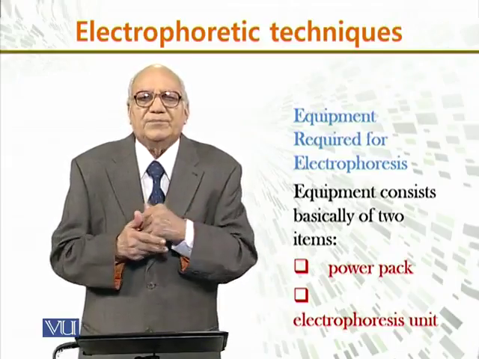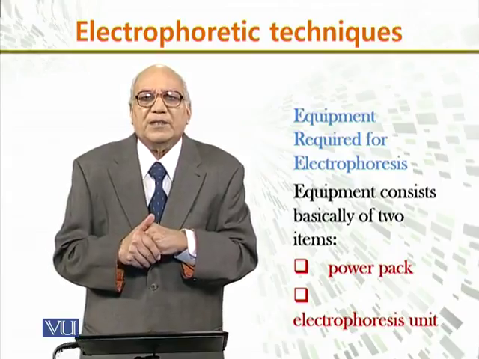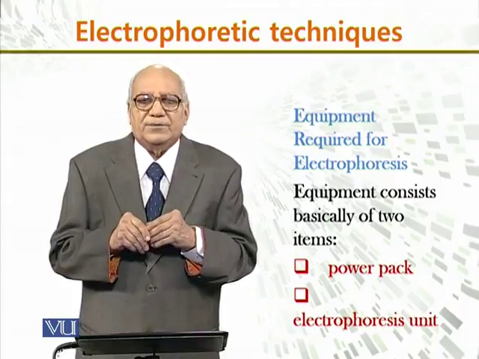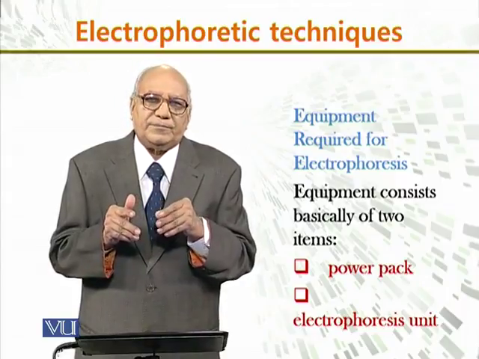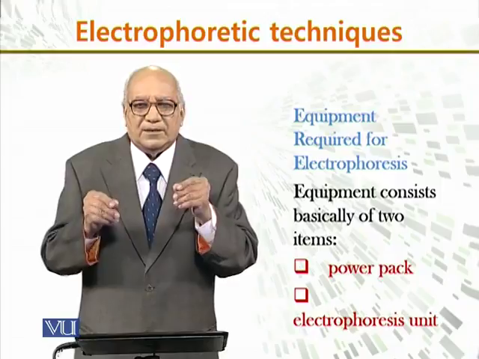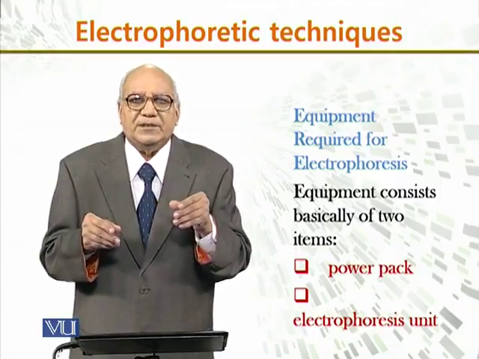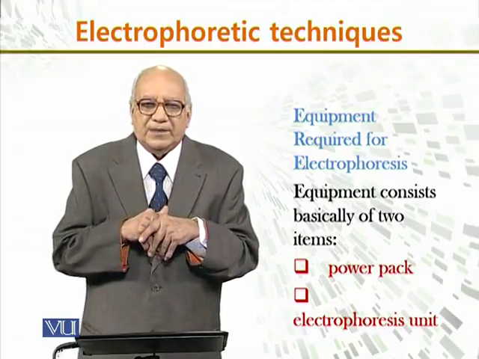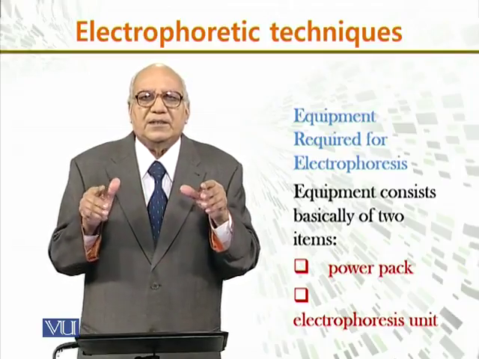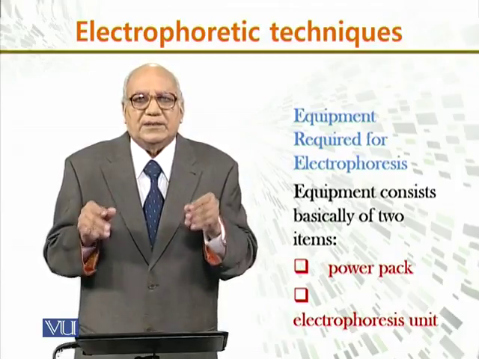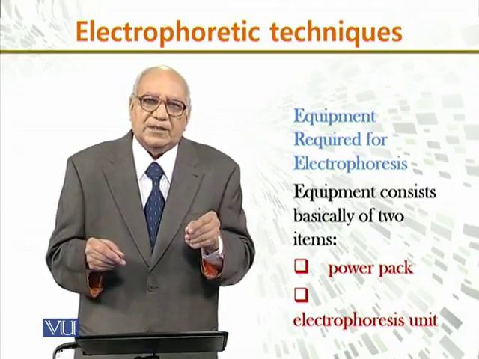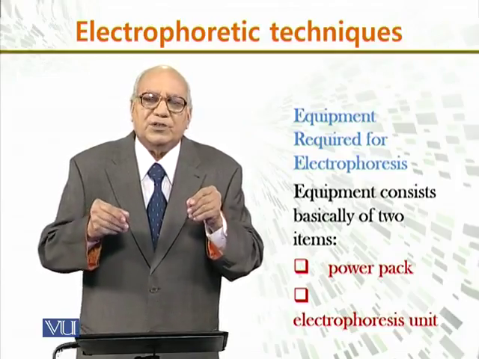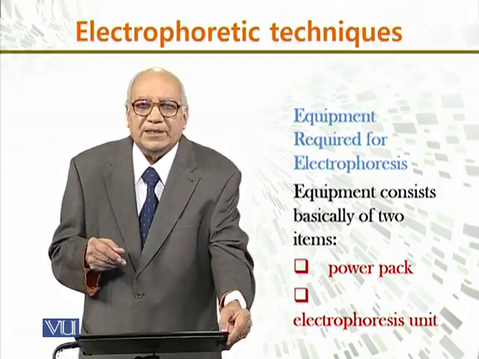Now, the equipment required for electrophoresis consists basically of two items. One is the power pack, which supplies the electric current or the electric field, and the second one is the electrophoresis unit, which contains the molecules, the particles we want to study, and where they are migrating to.